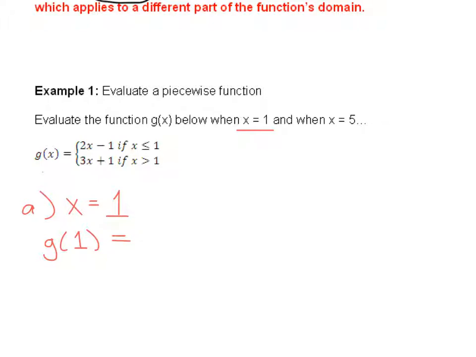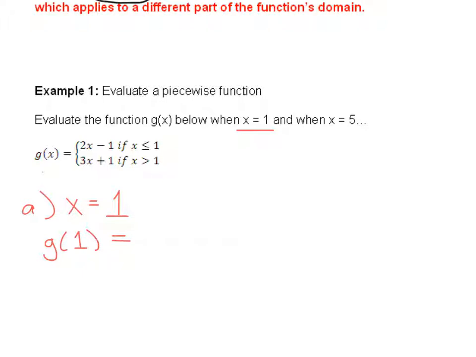So I ask myself, which interval would 1 fall in? Is it going to fall into this first interval where x is less than or equal to 1? Or does it fall into this second category where we graph x values that are greater than 1?